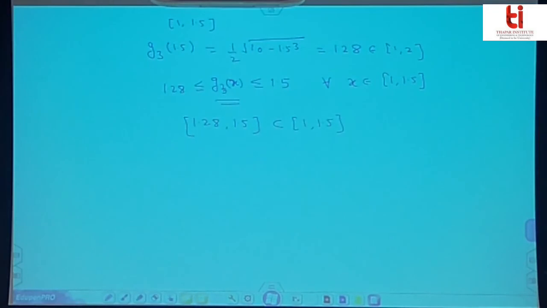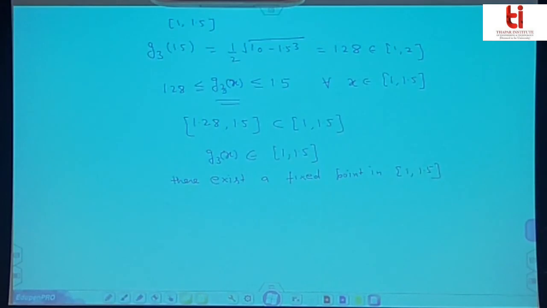So we can say g3(x) belongs to 1 to 1.5. Okay, so the existence theorem is satisfied. So there exists a fixed point inside the interval 1 to 1.5.